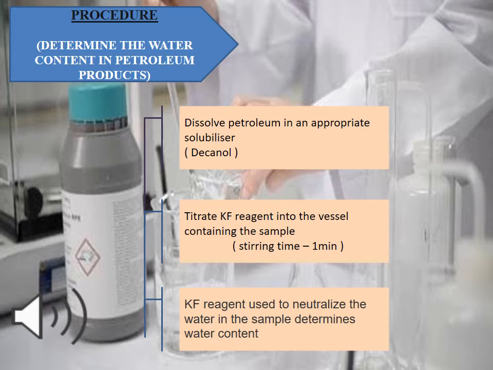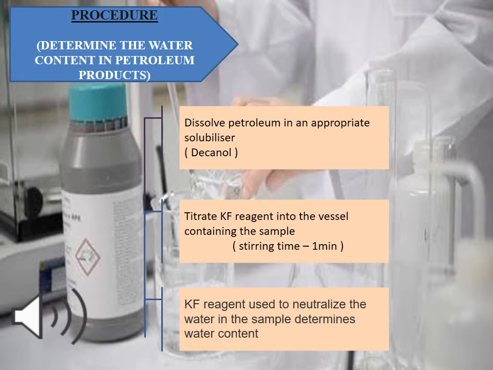I have told earlier that solubilizers are basically used to prevent the precipitation of the sample, whereas a solvent is also necessary because it is used to dissolve the petroleum, whatever the sample is, properly, so that we can easily extract the water content.